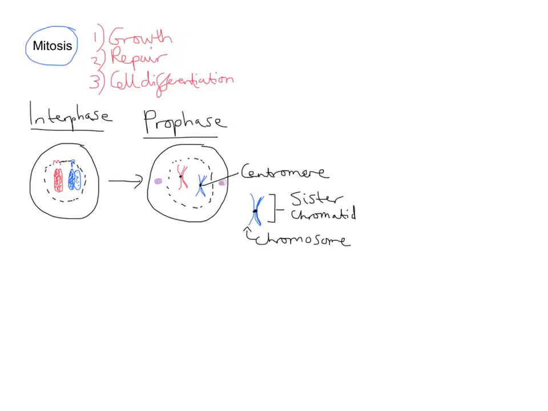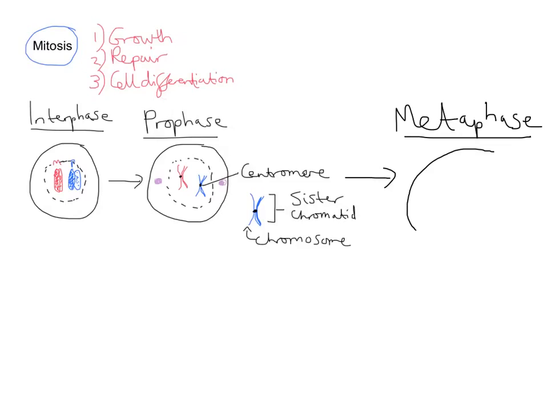After prophase, we have a period called metaphase. Now, meta refers to middle. So in metaphase, the chromosomes line up. So each pair of sister chromatids line up in the middle of the cell in what's called the equator.